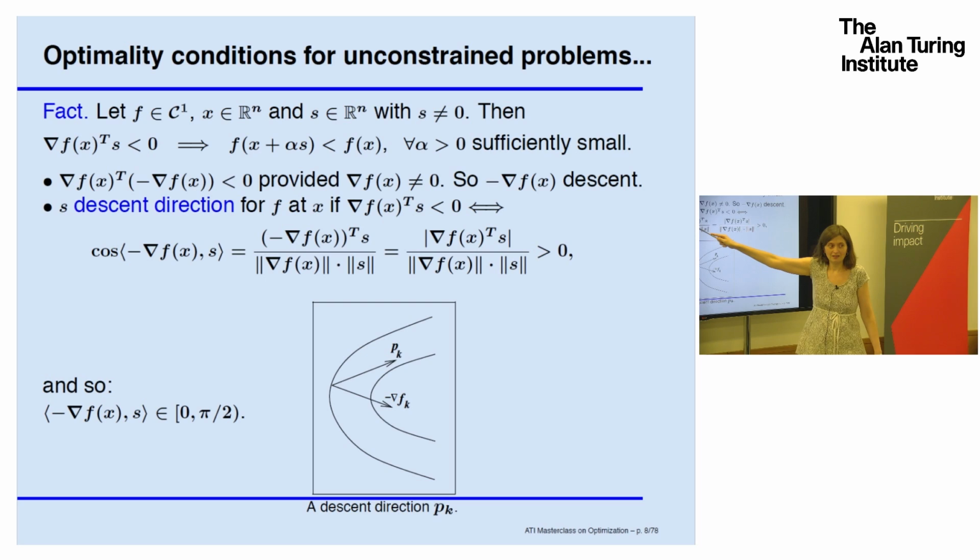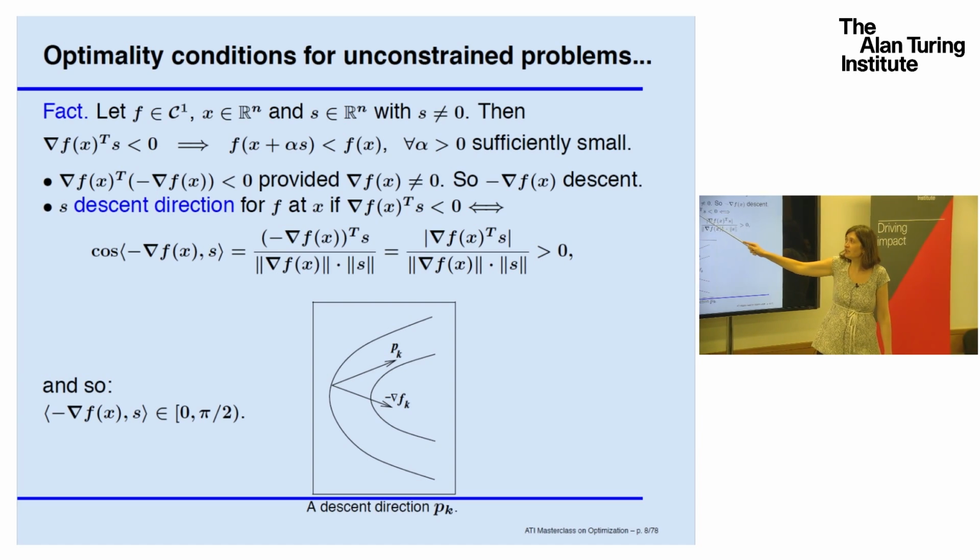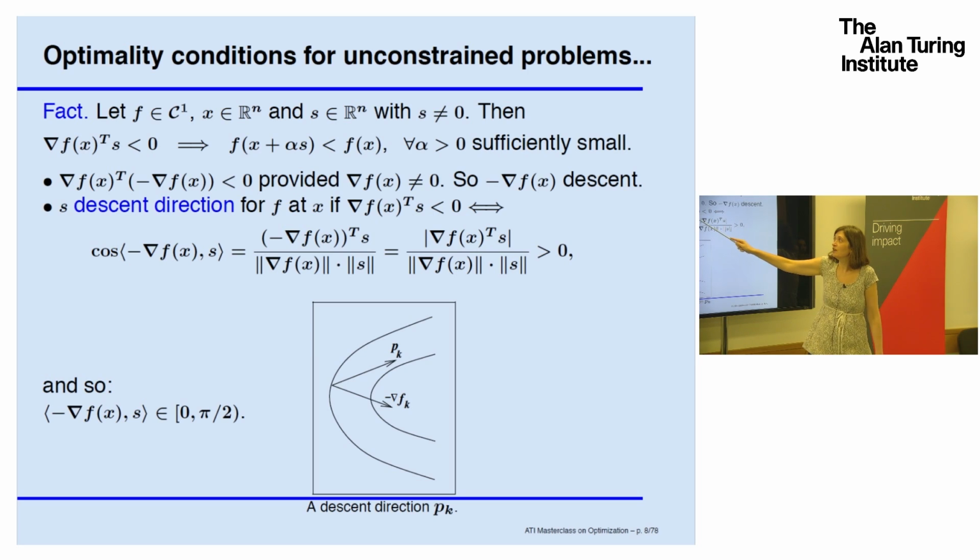Who doesn't know what transposition is? Right, so I'm just taking the sum of the products by components. If this is negative, then I can ensure that my function goes down from x along s for sufficiently small and positive alpha. So in other words, s is a downhill direction. So if this property is satisfied, then I have this. Okay?